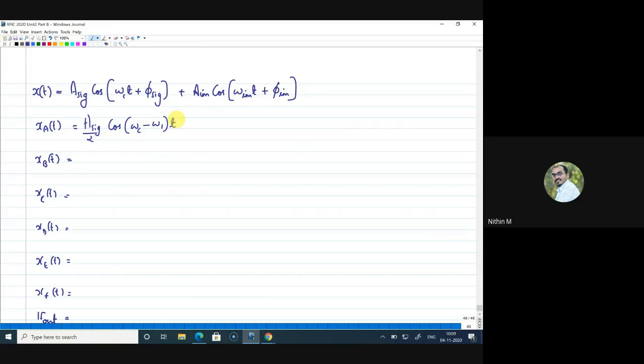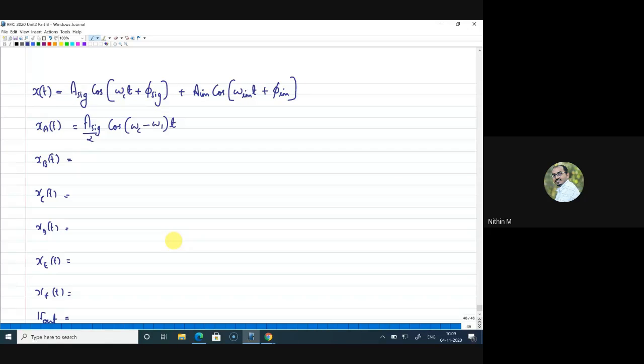There are phase shift components, which as of now I'm neglecting. When you write a signal, generally we write it in the form cos omega c t plus a small phase shift of phi. We can write it also, that is not a problem, but just for simplicity, I'm neglecting that.